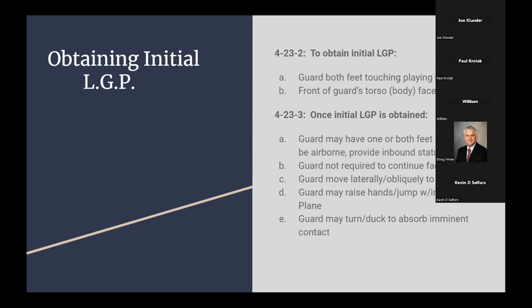I'm not required to continue facing that opponent. I can move laterally and obliquely, so side to side or backwards, and I can raise my hands above my head in a vertical plane. It also states that if there's imminent contact coming, they may duck or give themselves leeway to absorb said contact.